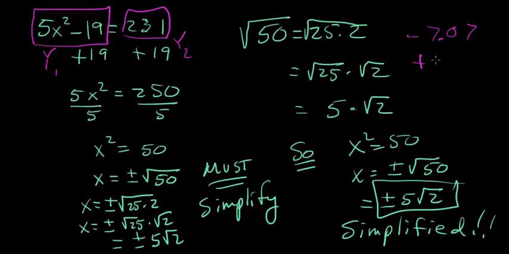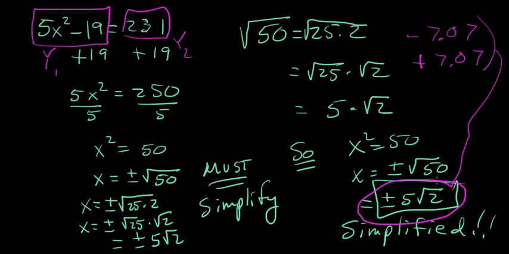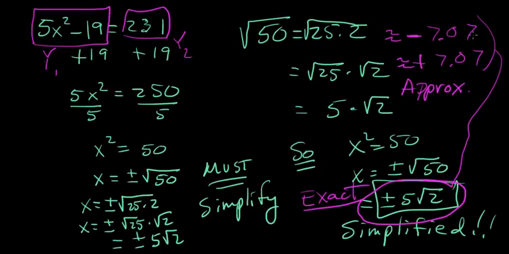And we already did this on the calculator, and that is pretty close to what I have here. Remember, this is rounded, okay? And this is exact, this is an exact answer, and this is approximate, because it's approximately equal to negative 7.07 or positive 7.07. Okay, I hope I've made my point.